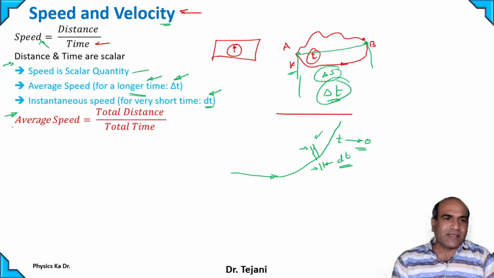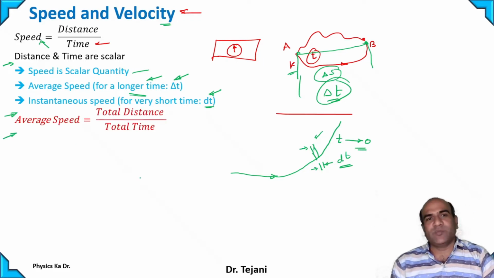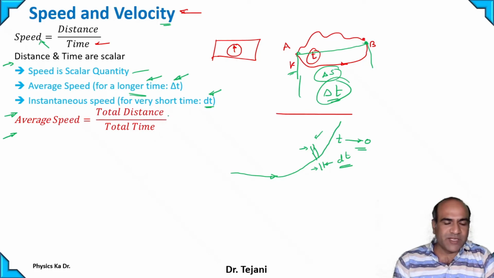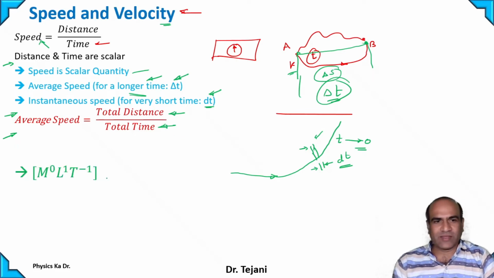Then we talk about average speed, and therefore average speed is equal to total distance divided by total time. That we all know. It is nothing new.